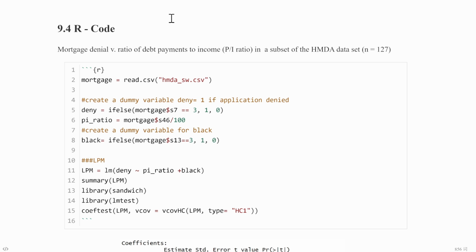Banks will deny if you have a very high debt to income ratio.